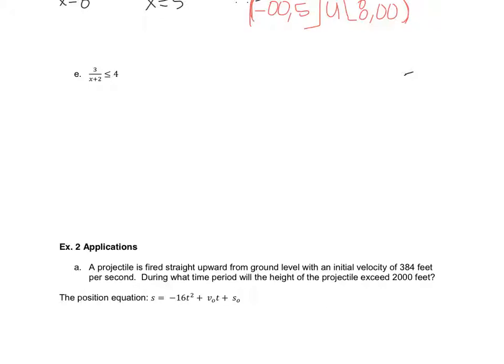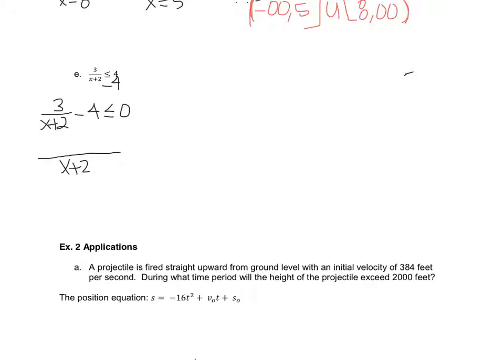So we're going to do one more rational inequality. First step is move everything to one side. So I'm going to move this 4 over, make it negative 4. So 3 over x plus 2 minus 4 is less than or equal to 0. Now, I want to make it a rational function again, so I'm going to find a common denominator and put it as one fraction.